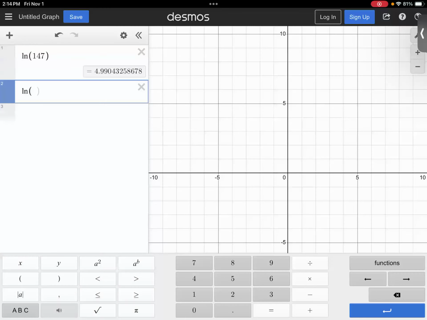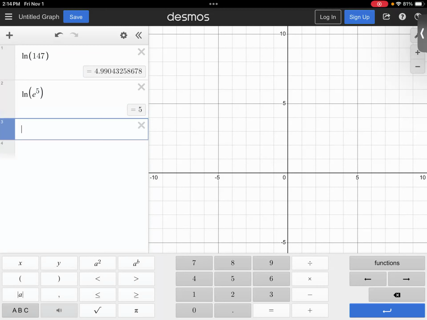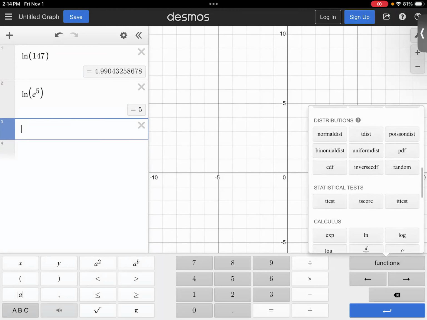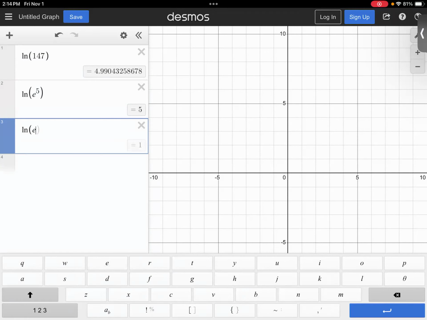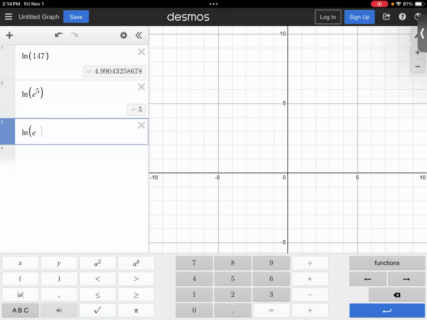natural log of e to the 5th, and we get 5, and we get natural log of e to the 3.7, and we get 3.7 as a result.